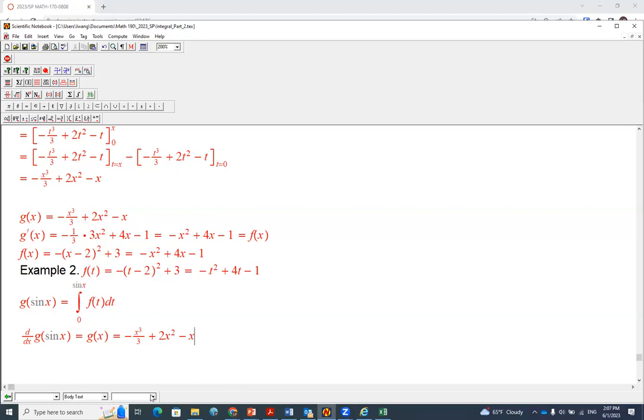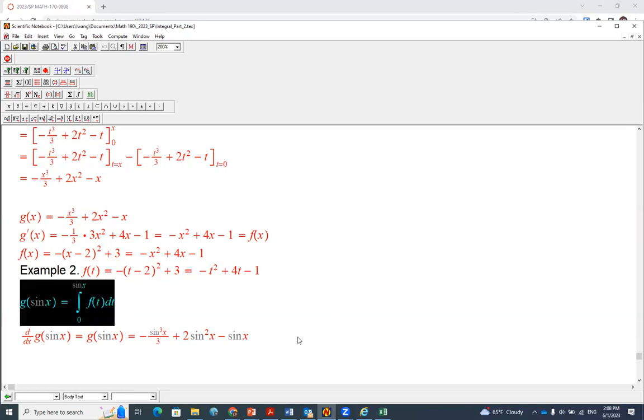This is G of sine X, and this is going to be sine X. How do we find the derivative of this function, G of sine X?